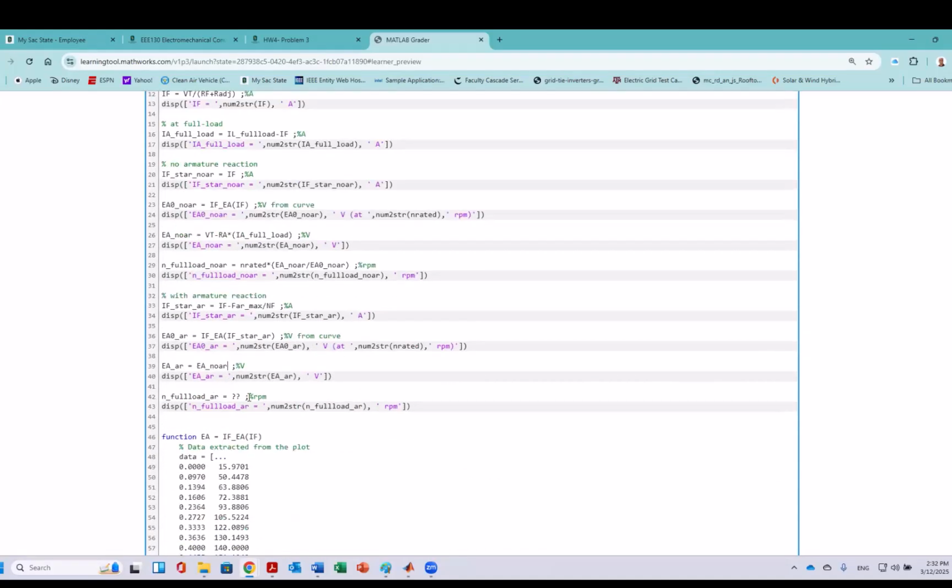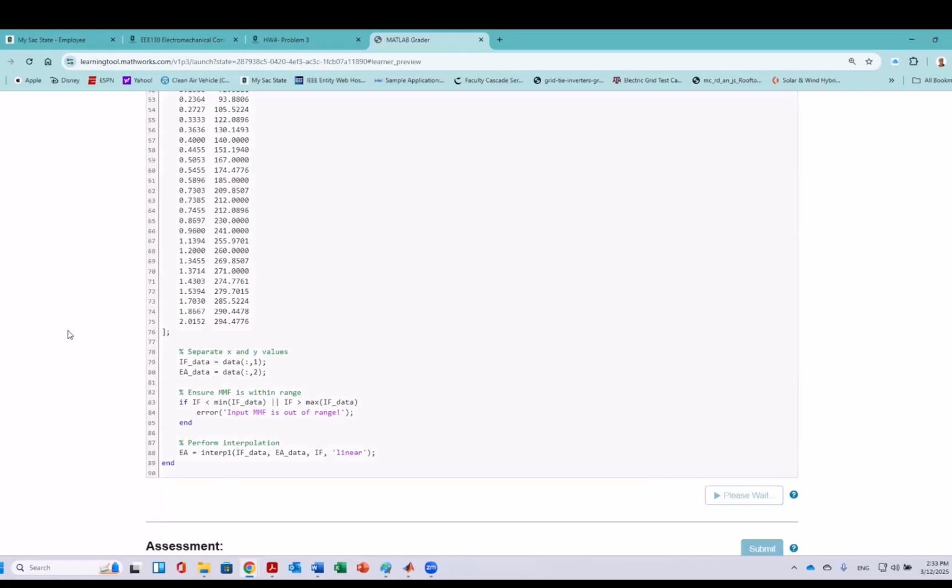However, it impacts the speed. The speed would now come from, you can use this already. So this should be EA over EA0 with armature reaction, if that makes sense.